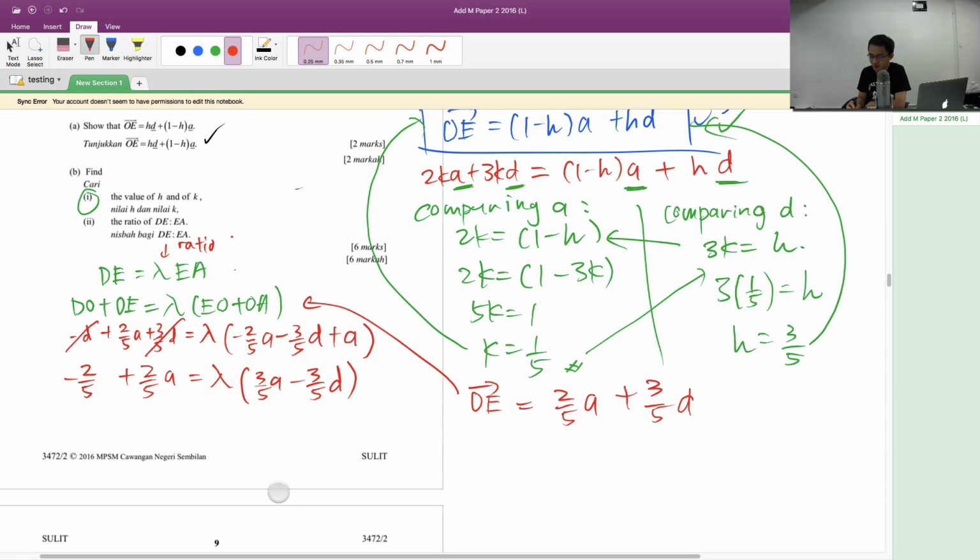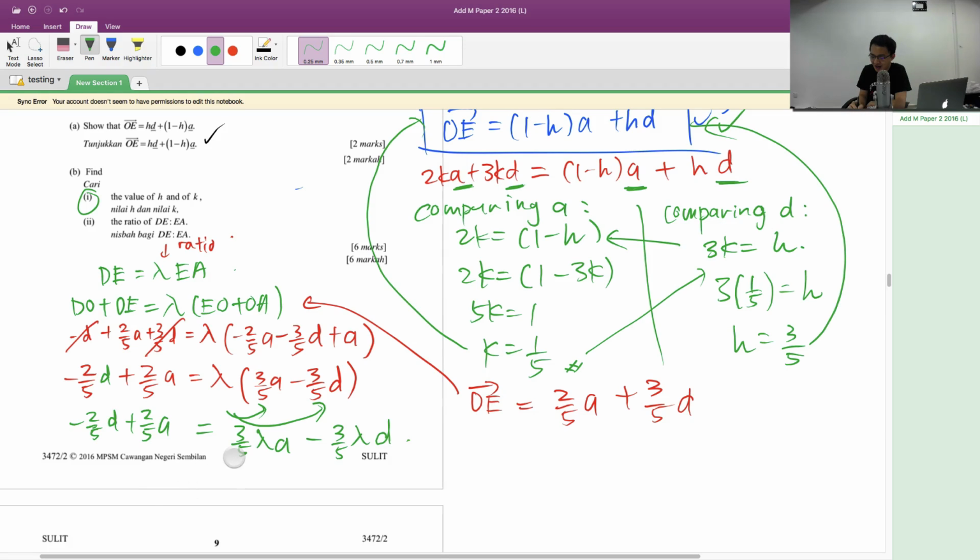Alright, so after we solve already, definitely I can multiply my lambda into both of them. Alright, so therefore I will get negative 2 over 5. This one should be d, sorry. d plus 2 over 5a. And then I multiply already, it's just 3 over 5 lambda a minus 3 over 5 lambda d.